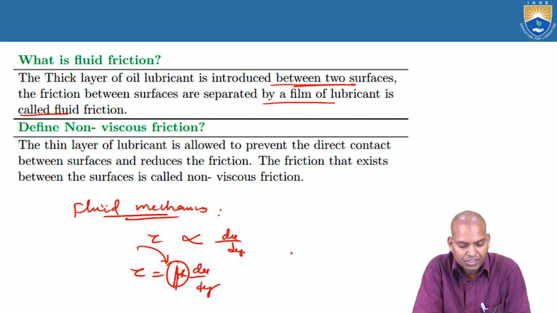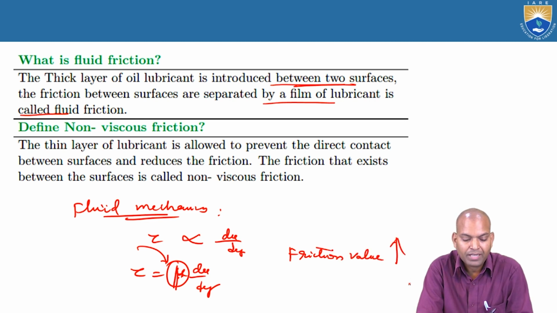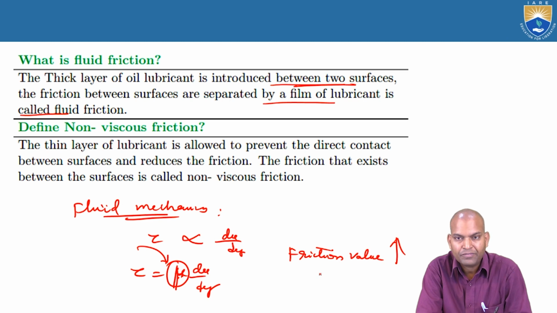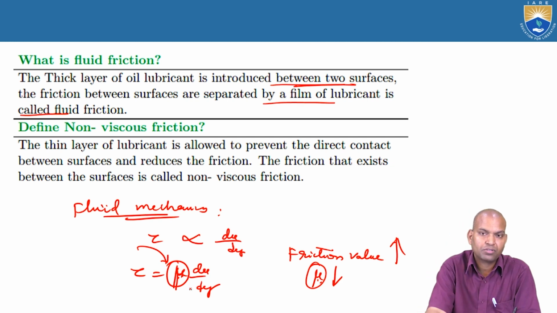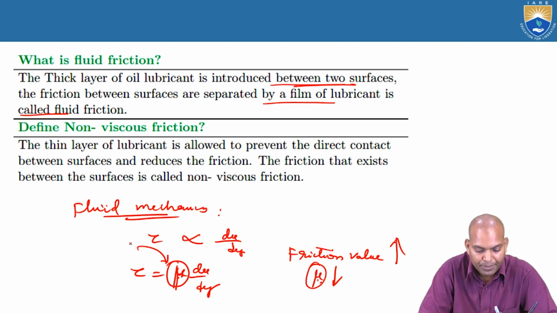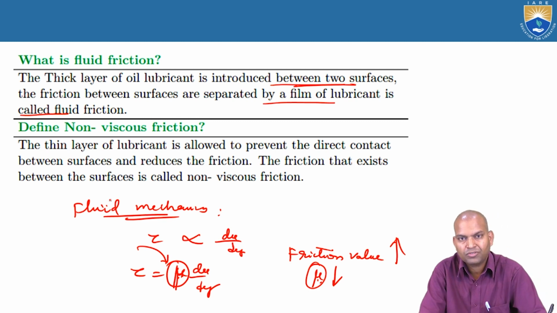When the friction value is high, the dynamic viscosity will be reduced. Temperature also affects this, because of the friction between the layers.